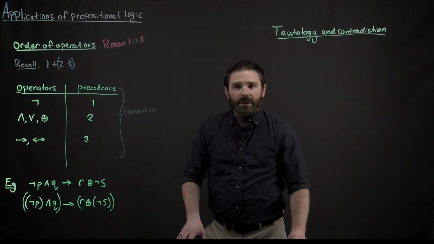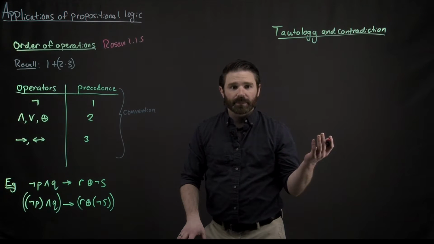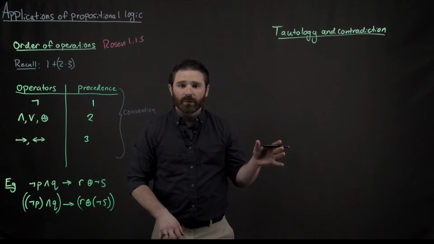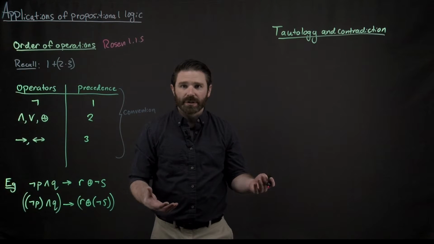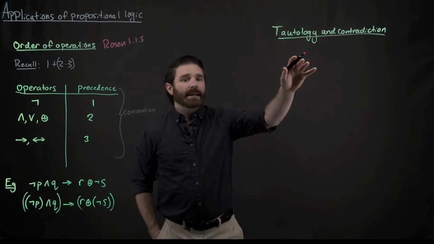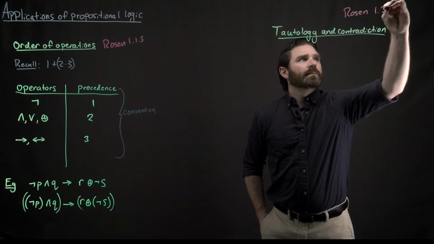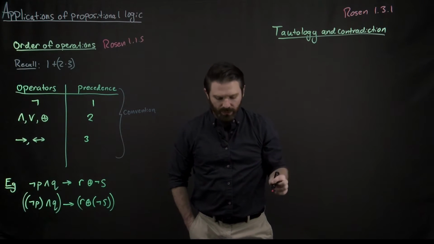Now, the next thing that we're going to look at is tautology and contradiction, the last thing that we have to define before we can move on to our practical applications. So this particular definition right here is contained in Rosen 1.3.1.